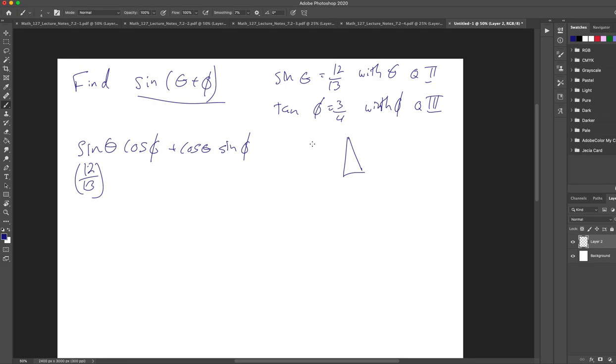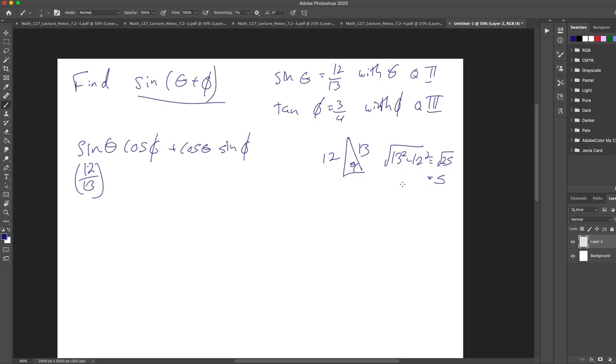Here, if this is my theta, and it's in quadrant 2, I'll have 12, which is my y, which is positive. My hypotenuse is always positive, and I want to figure out what this is. It would be the square root of 13 squared minus 12 squared, which is equal to the square root of 25, which is equal to 5.